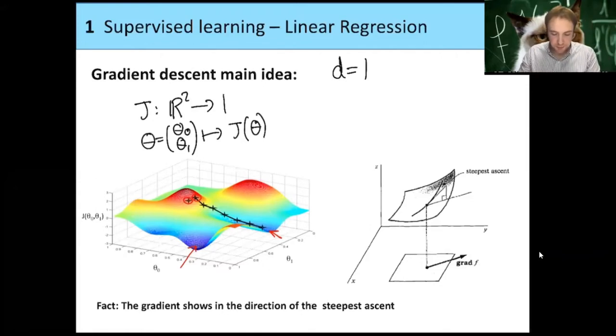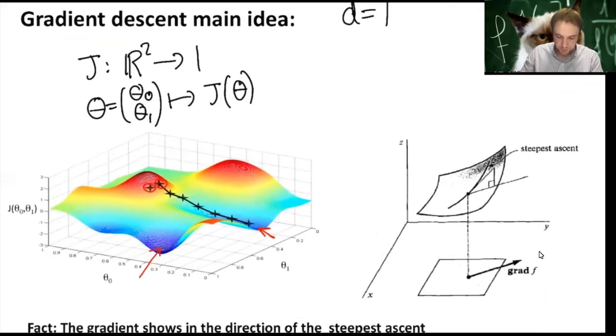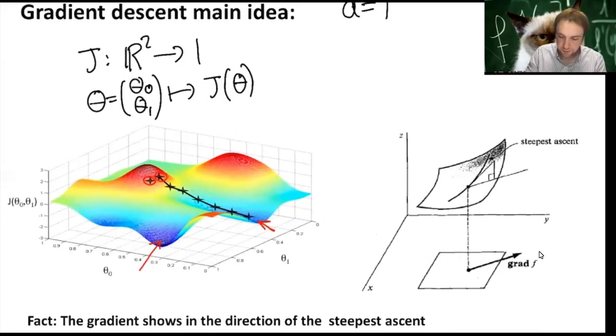If we start at some point here, let's say we take a theta 0 here and some theta 1 here, at this point I can evaluate this function.